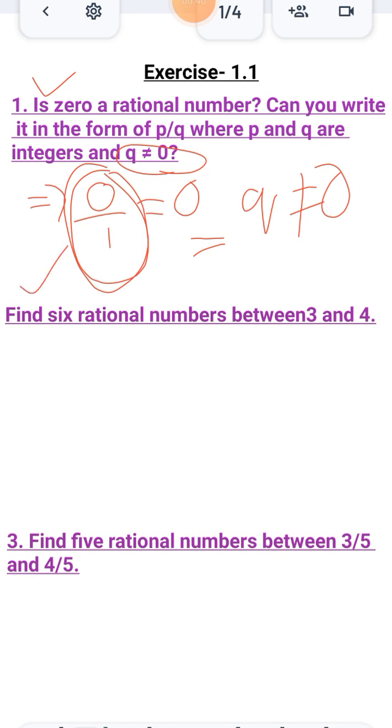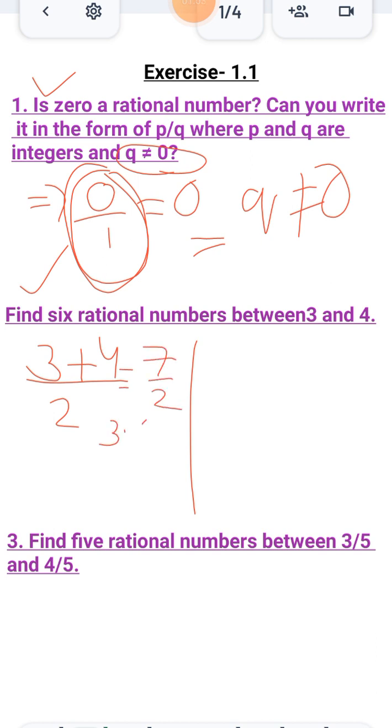The second question is: find 6 rational numbers between 3 and 4. We have two methods to find rational numbers between these two numbers. The first method is to find the average of the numbers. The first number will be the average, which is 7 by 2, so it will be 3.5.